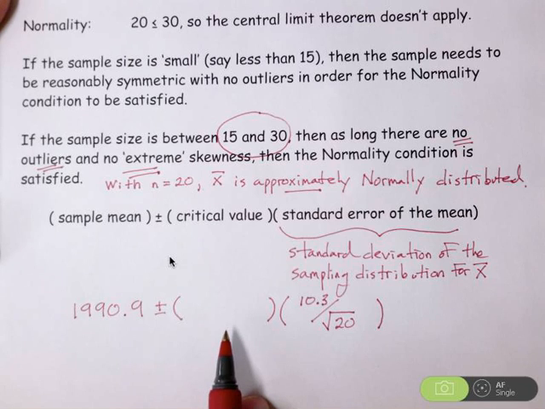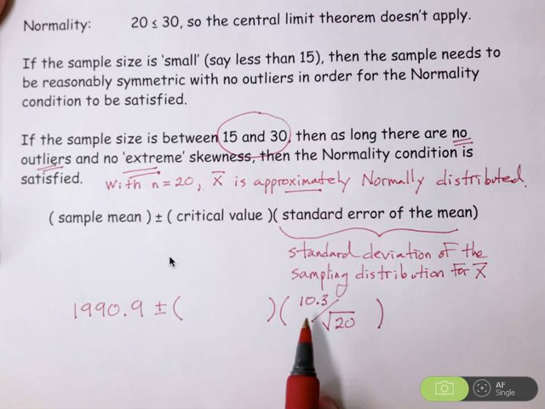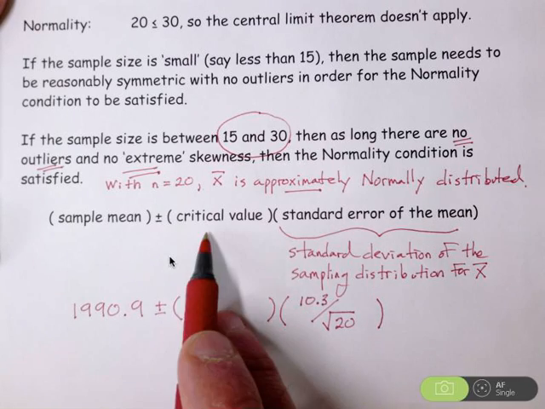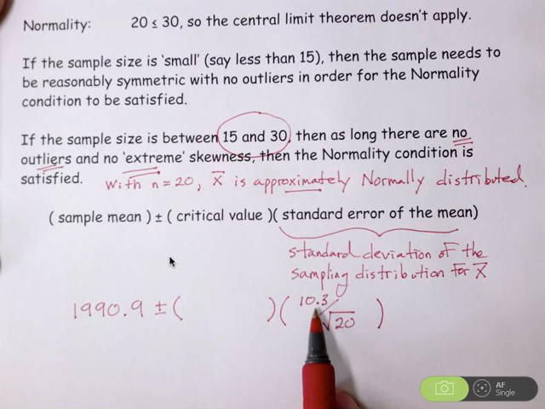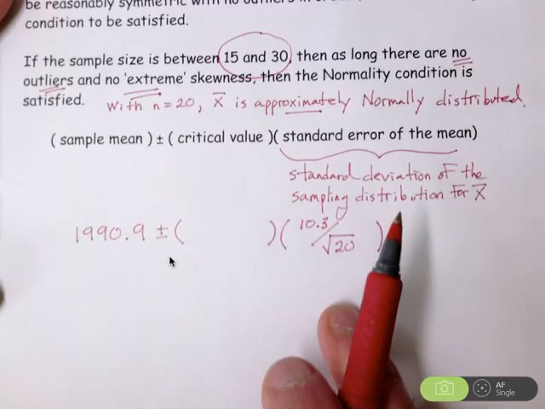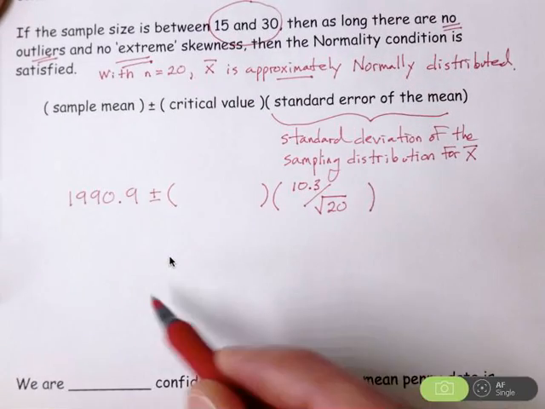And we have to determine our critical value. But because we are using the sample standard deviation, we need to use t-scores. Now that both the sample mean and the sample standard deviation are unknown, we have to use t-scores in order to allow for a little extra variability when we build our confidence interval.